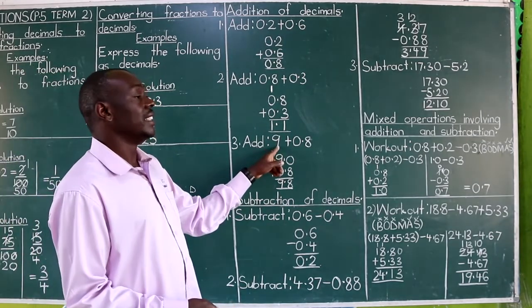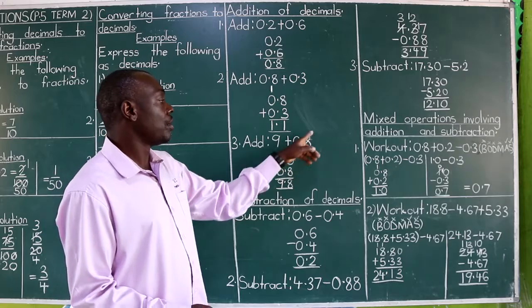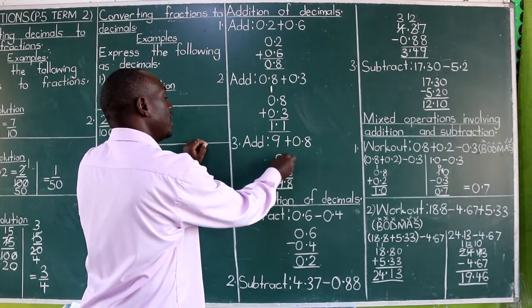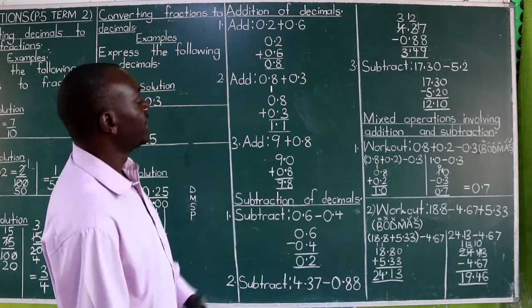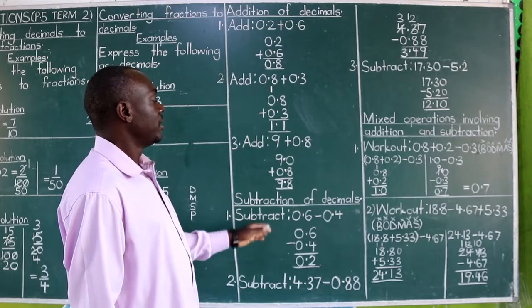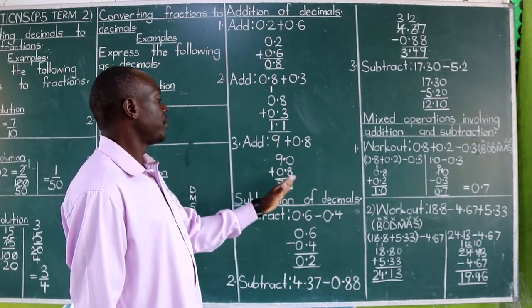So 9 is not 0.9, but it's a 9. So 9 plus 0.8. We still first align our points in the same vertical order. Point, point, point, and then this equal sign. Then we write the 9 inside, please. That's 9 plus 0.8.